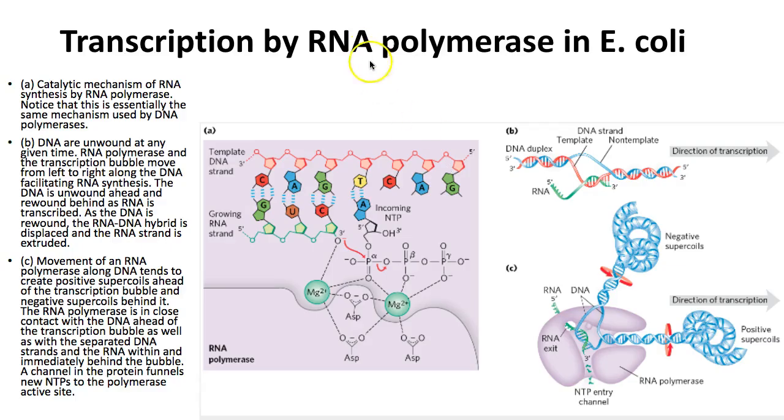It is synthesized from 5' to 3'. So one of the strands of the DNA will be the template strand, and the other strand will be the non-template strand because it goes in the wrong direction. When you make your RNA, it needs to be anti-parallel to the DNA sequence.